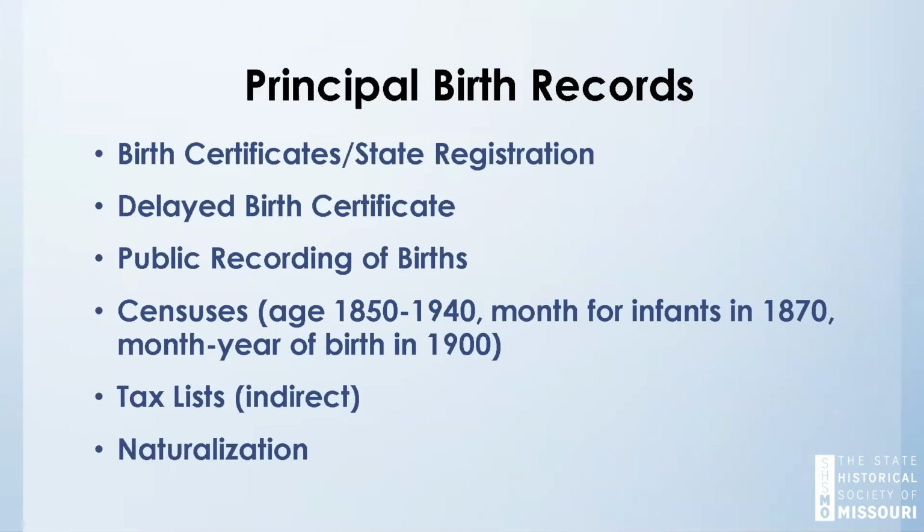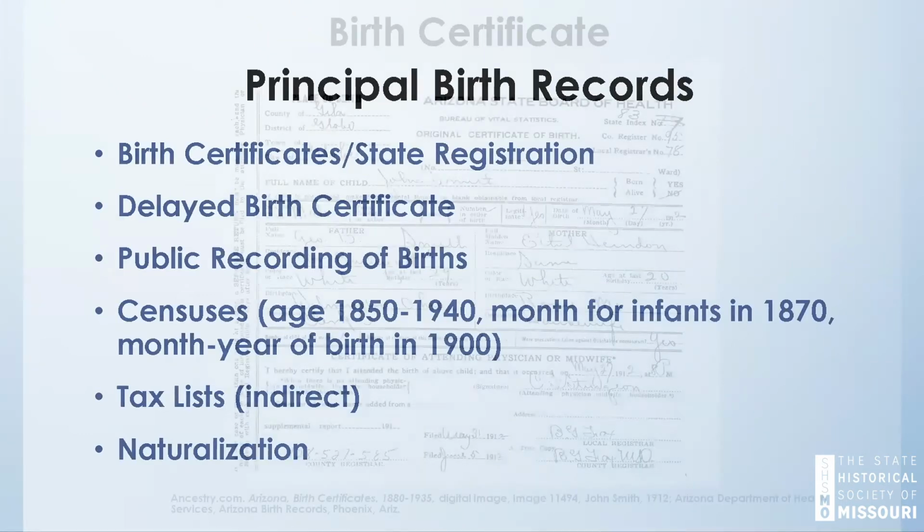Tax lists give you an indirect measure of birth, particularly for males. Depending on the tax list and the jurisdiction, they had to be 16 or 21 in order to be taxed. So if they appear, you know they turned 21 or 16. And then naturalization records are another birth record.